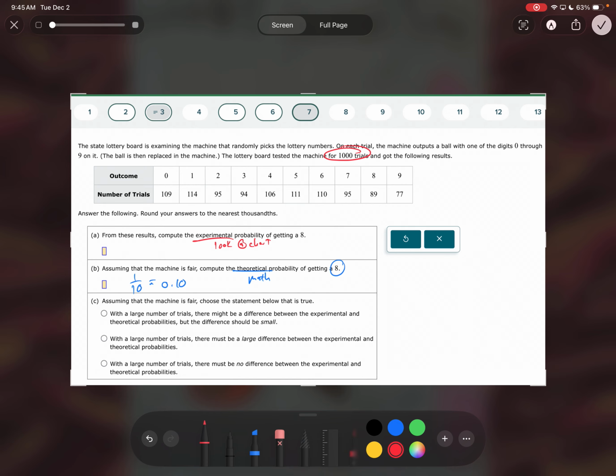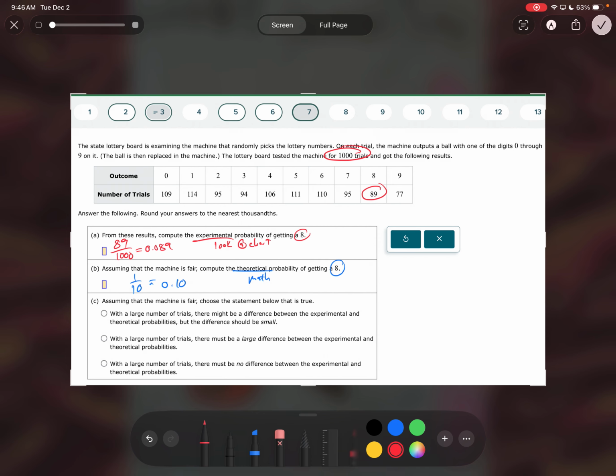But let's see. So what's the probability of getting an 8? So we have 89 out of 1,000, that would be 0.089. Okay, so if we rounded that, that would be 0.09. So one is like 9% and one is like 10%.